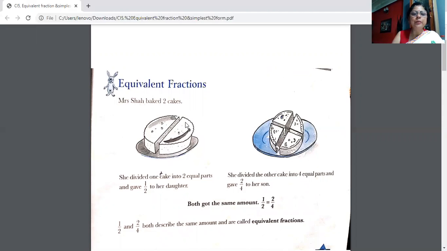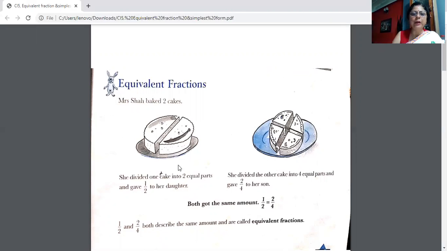Now here it is divided into half, and here it is divided into 4 pieces. Now if she bakes this cake and she says you have half of it, and this she gives to another one 2 pieces, what do you find? They are exactly the same.